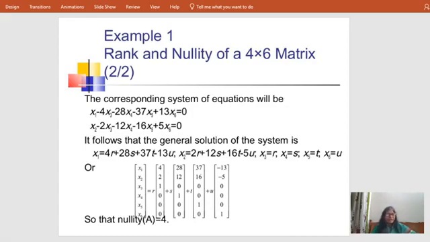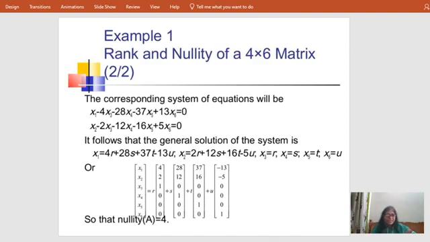So, from these 2 equations, you have to take the solution set for x1, x2, x3, x4, x5 and x6, because 2 equations for 6 variables is an underdetermined system.